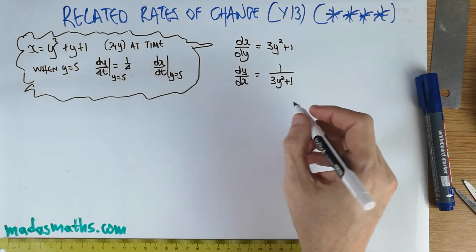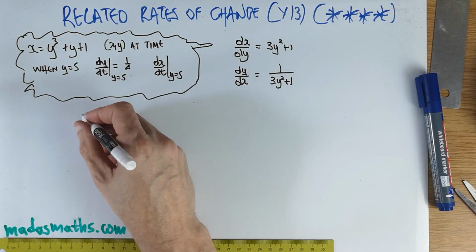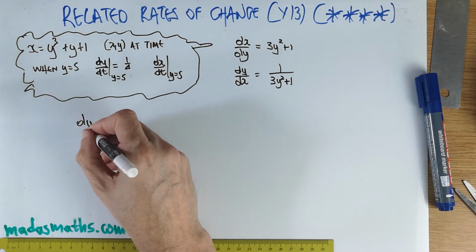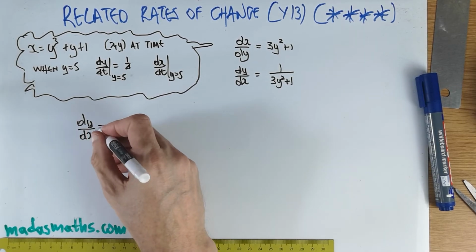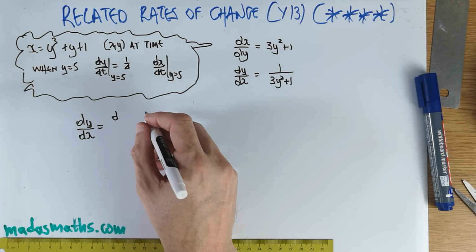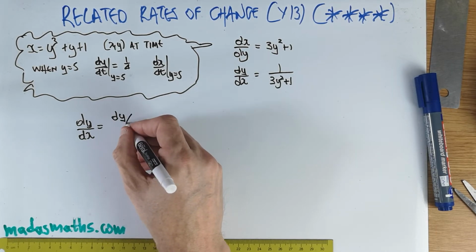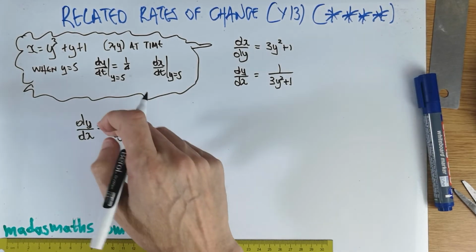Well, I can continue and say, you know what? Take my dy by dx or dy by dt, hardly matters, and change it into dy by dt. So that's how I normally teach it.